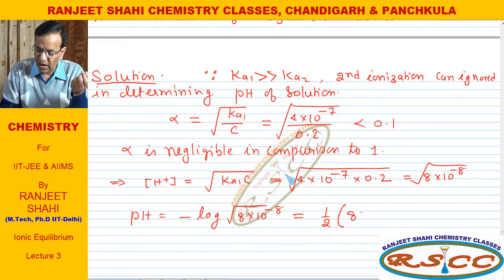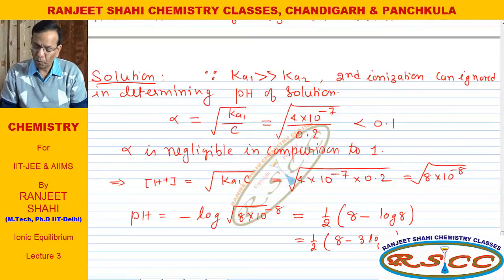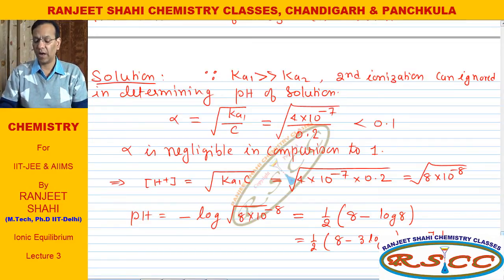So, it will be 8 minus log of 8. Log 8 can be written as 3 log 2. So, it is 1 by 2 times (8 minus 3 log 2). Log 2 is 0.3, so 0.3 into 3 is 0.9, and 8 minus 0.9 is 7.1, divided by 2. So, it is 3.55. That is the pH of the solution of carbonic acid.